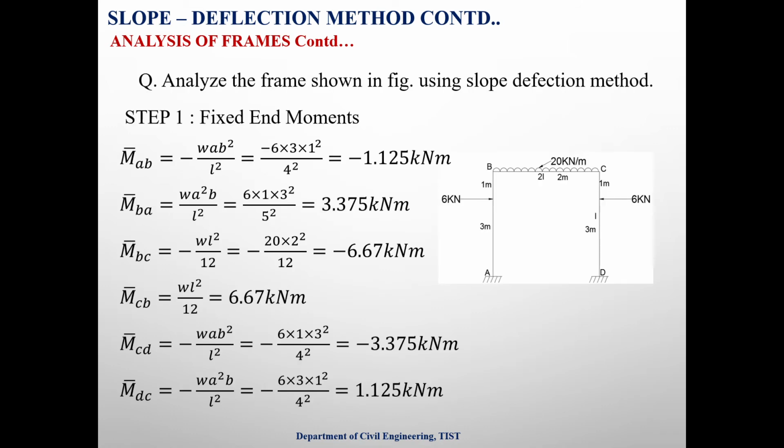Then considering the next problem, analyze the frame shown in the figure using the slope deflection method. Step 1 is the fixed end moments. This is an eccentric point load, that means M bar AB is minus W a b square by L square, then plus W a square b by L square, minus W L square by 12 plus W L square by 12, then minus W a b square by L square plus W a square b by L square.